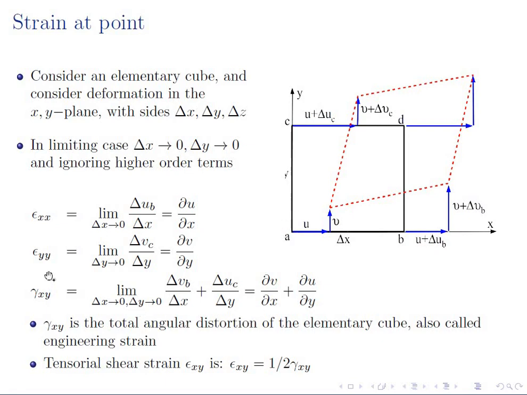So you will come up with the shearing strain equal to change in v with respect to change in x plus change in u with respect to change in y. Note down that gamma xy is the total angular distortion of this element, which is also called the engineering strain. However, for theoretical computation, we use tensorial shearing strain epsilon xy, which is actually the average of the engineering shearing strain.